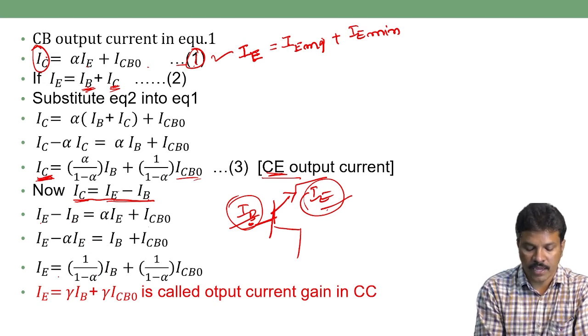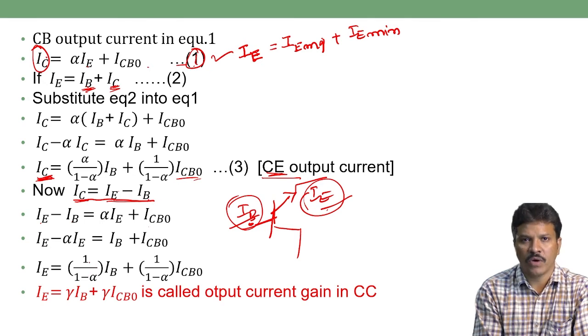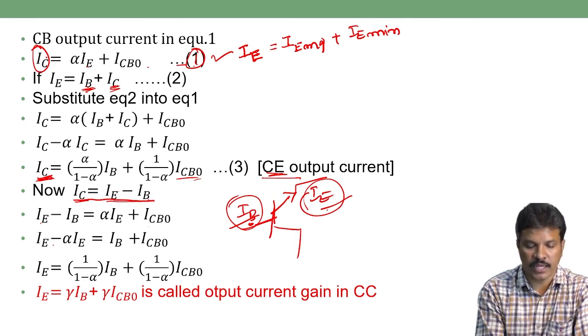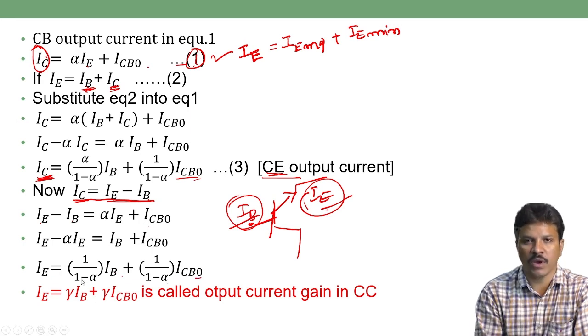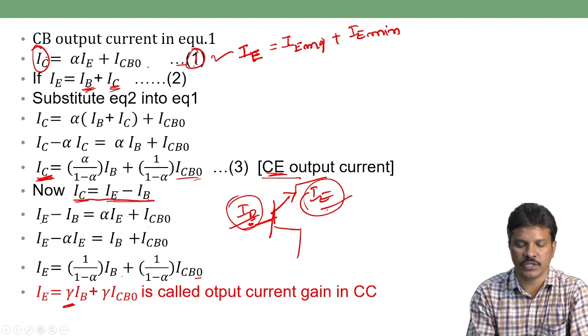Then take IE common, so we get 1 minus alpha. IE is equal to 1 by 1 minus alpha into IB plus 1 by 1 minus alpha ICB0, where 1 by 1 minus alpha is nothing but gamma in the alpha beta gamma relation.